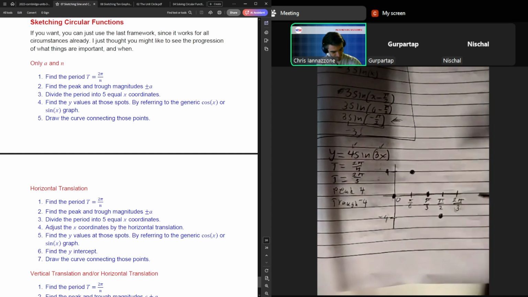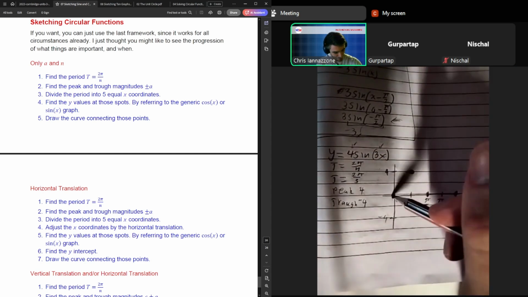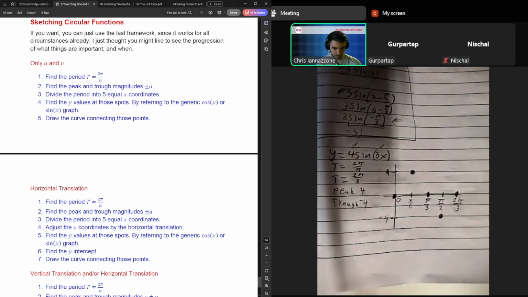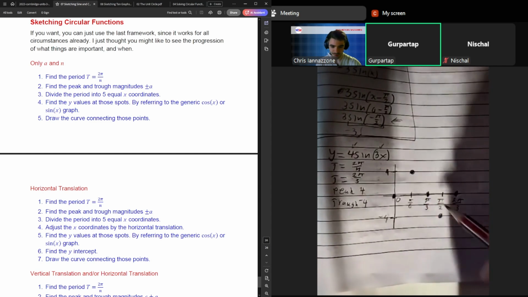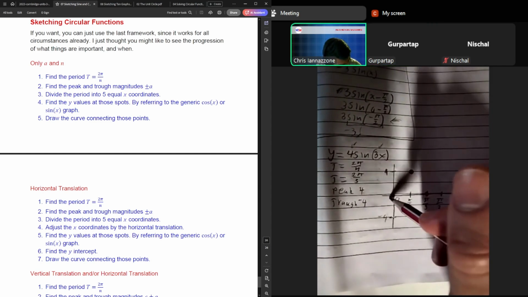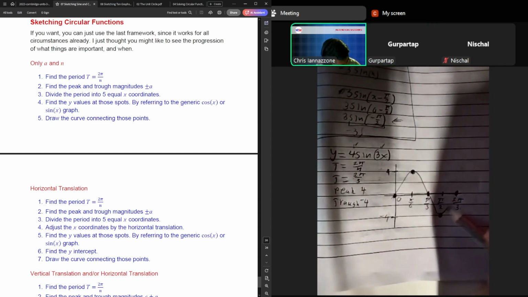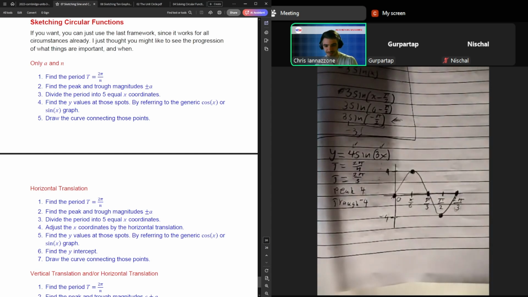And then 2 pi by 3 is middle again. Perfect. Yeah, exactly. Middle, peak, middle, trough. Yeah, that's what I was saying wrong. And then just draw the line connecting everything.